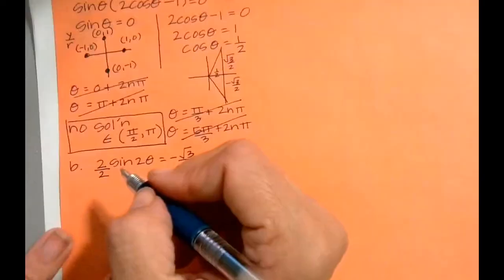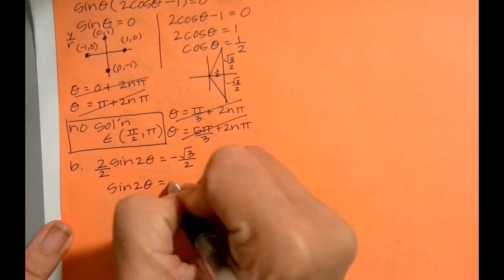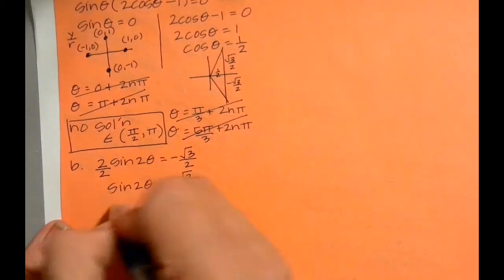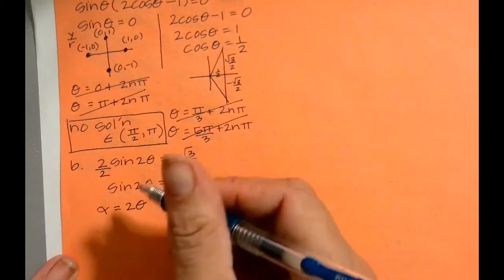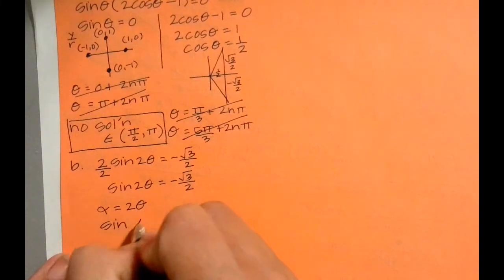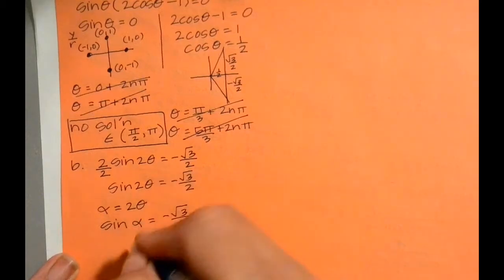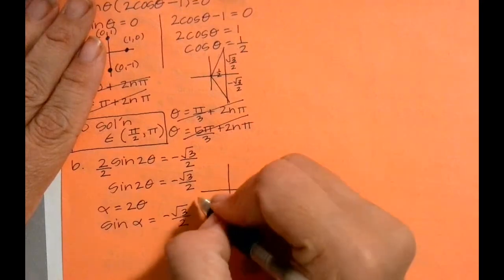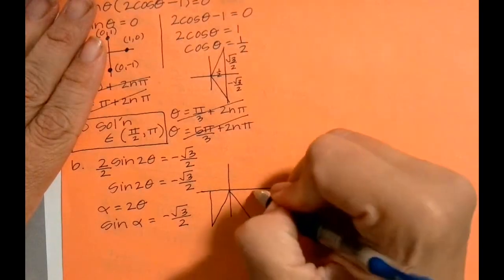So we get the sine of 2 theta equals negative root 3 over 2. We have a 2 in with the angle, so we're going to let that equal to alpha. And then we go sine of alpha equals negative root 3 over 2. Draw your triangle. Sine is negative here and here.